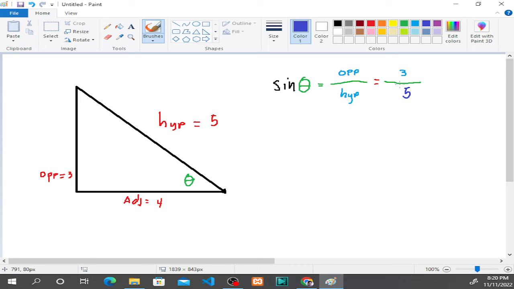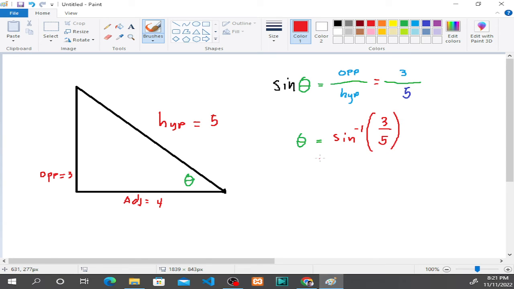So this is not the value of the angle, this is just the relationship. To get that, you write theta is equivalent to sine -1, or arc sine, 3 all over 5.